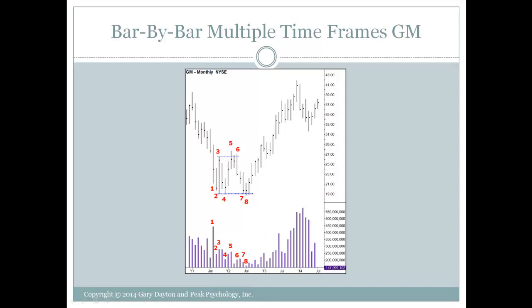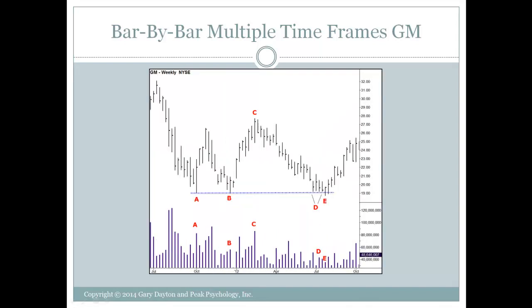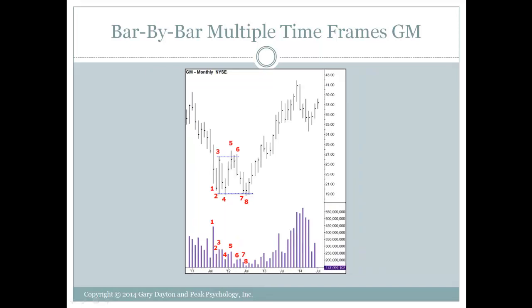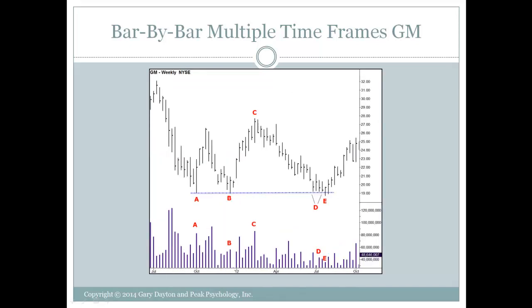That could be significant. So let's take a look at this on the weekly chart. This corresponds to the monthly chart. I did this ABC instead of 1, 2, 3, I'm sorry about that.